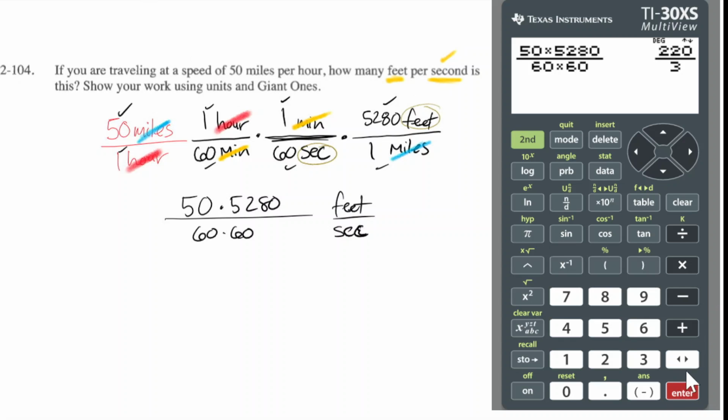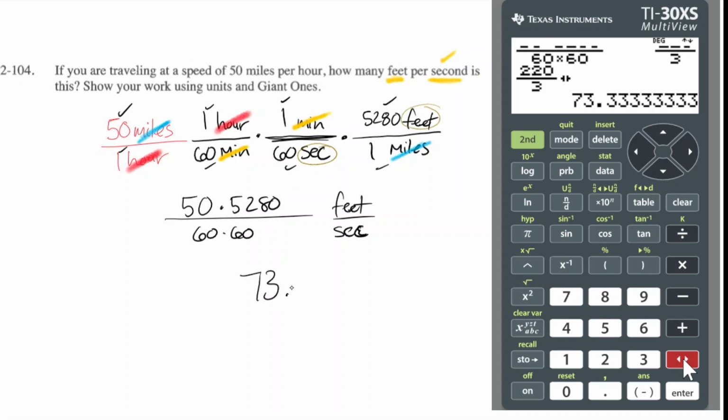Let's go ahead and convert that into a decimal. And it says 73, and I know that's 73 and a third, 73.33. So I'm going to say my speed is about 73.3 feet for every second, right? So every single second that goes by, I travel another 73.3 feet.